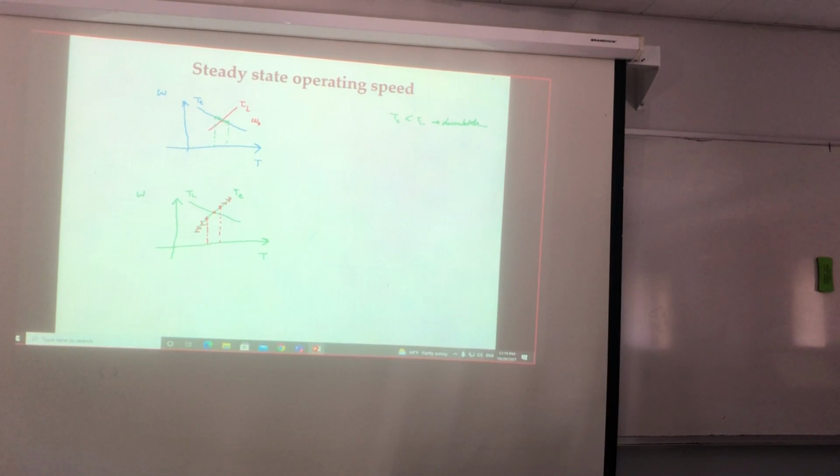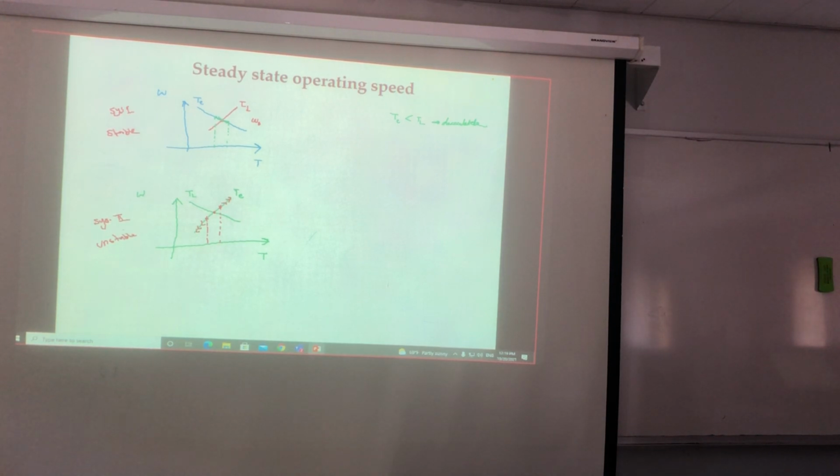So this is system 1, which is stable, and this is system 2, which is unstable.